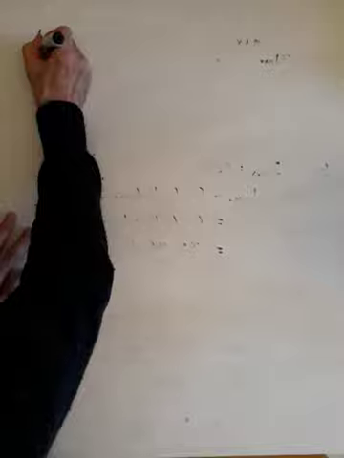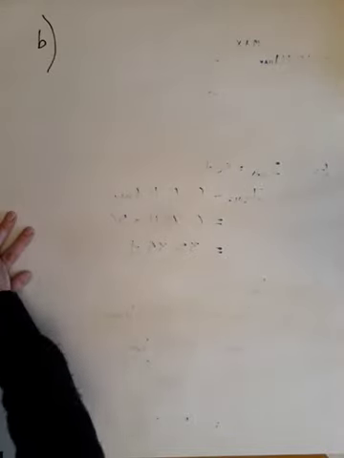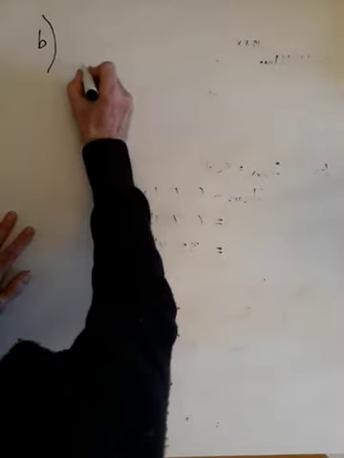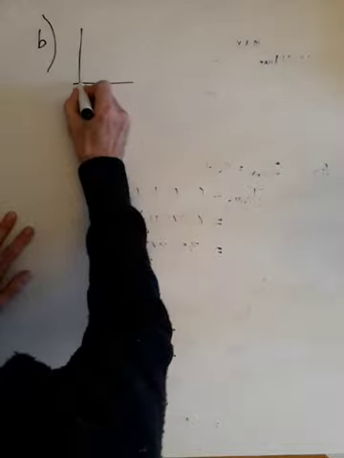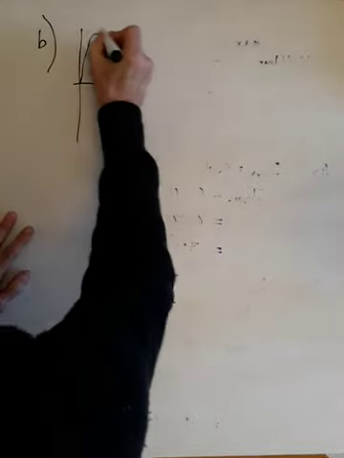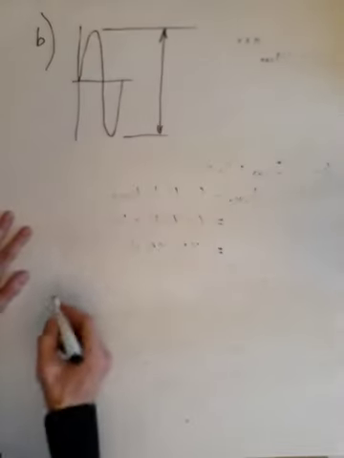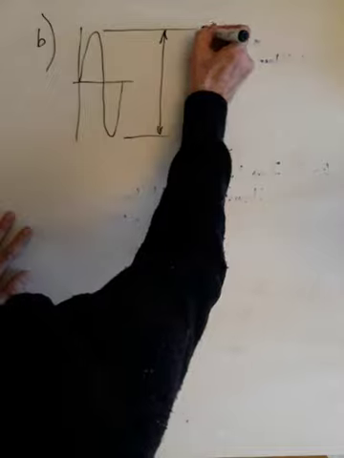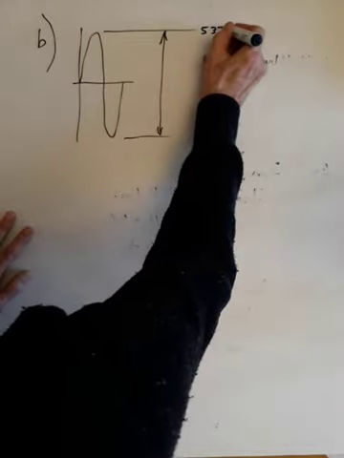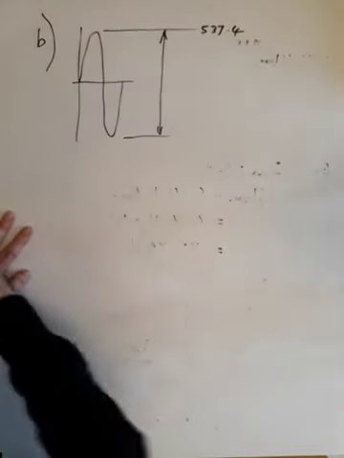So part B is about peak to peak. So very quick sketch. Peak to peak. And we know that this was 537.4.